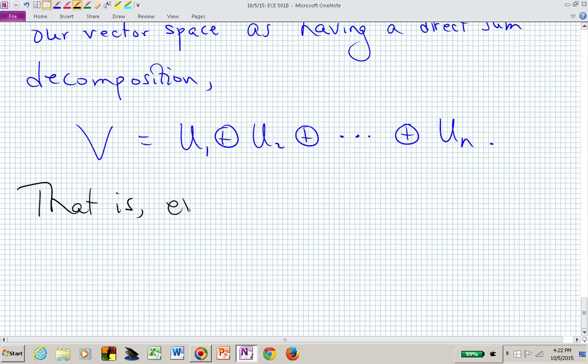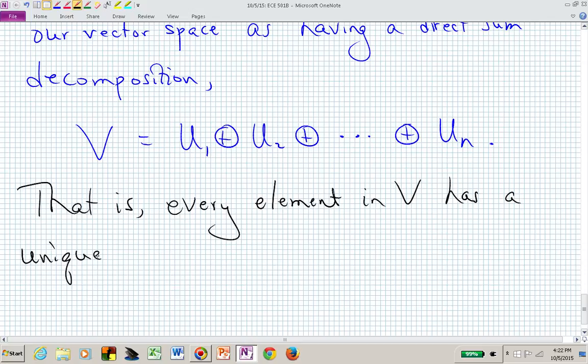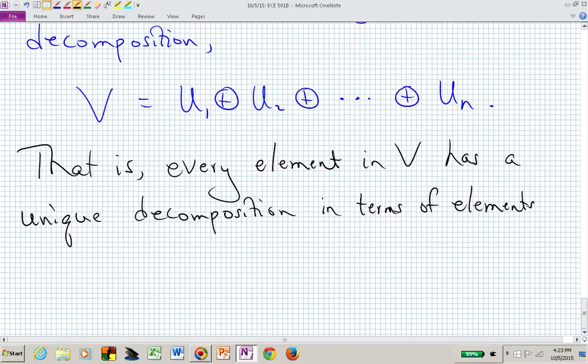That is, every element, think vector, in our vector space V has a unique decomposition in terms of elements of the various subspaces.